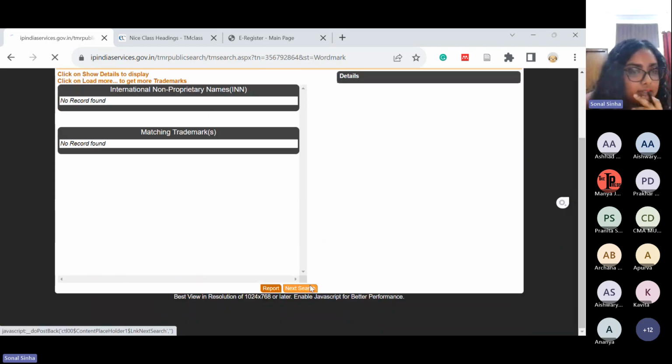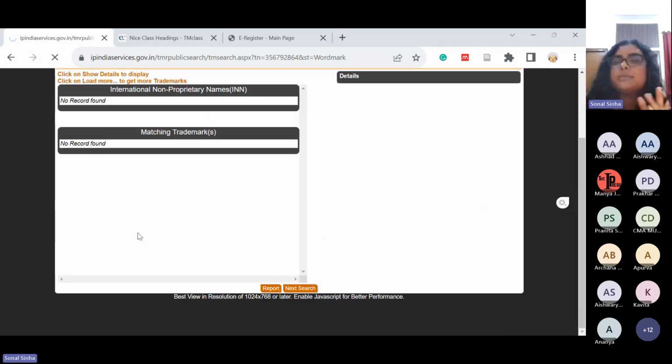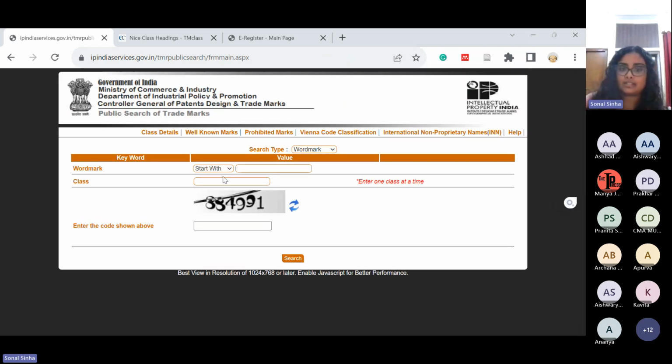No marks. I think you all must be getting the idea that Pumpkin seems to be a very unique word. So there are very few chances that there will be something that is similar to this, right?